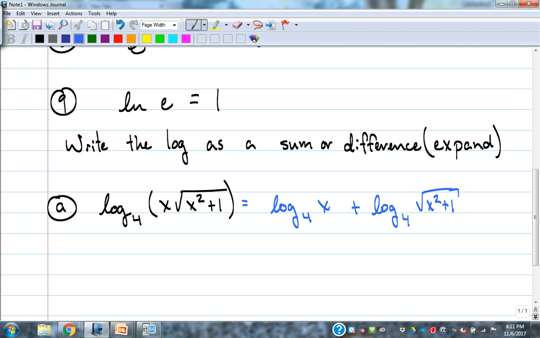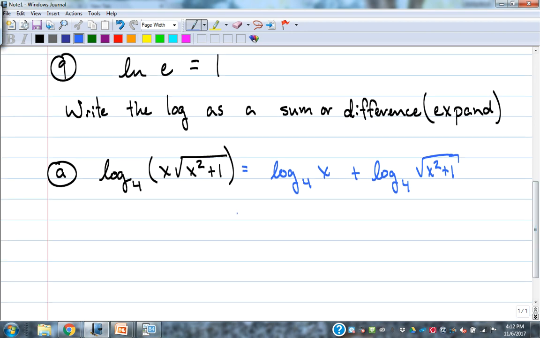And that looks pretty good, but it's not done yet, because then I need to look at each individual piece there. Well, x is plain. It really doesn't have anything else going on, so there's nothing else I can do to this piece. But this next piece, I've got a square root in there, and we've got to remember that a square root is actually an exponent.